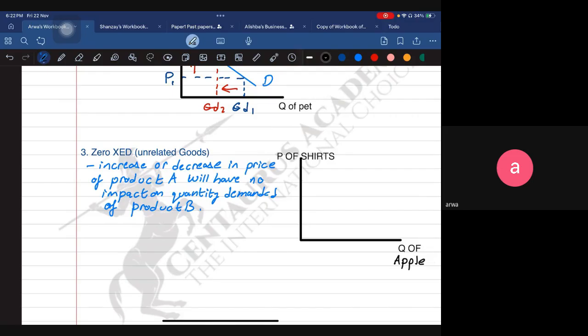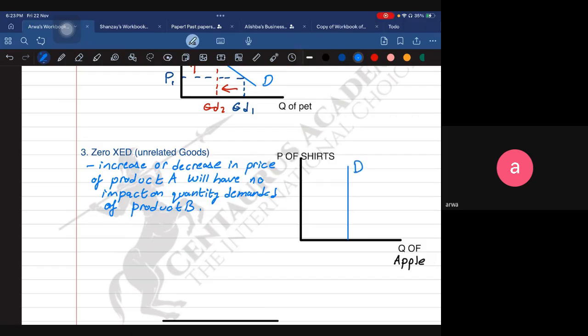So how is the curve going to be? For this one, increase or decrease in price of A will have no impact on B. It's either going to be horizontal or vertical. It's going to be vertical, just a vertical line, because even if the price increases or decreases, the quantity demanded is constant.